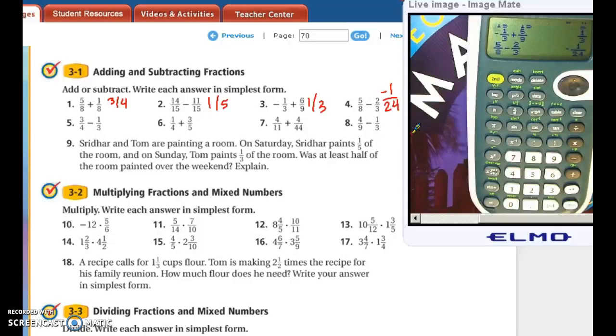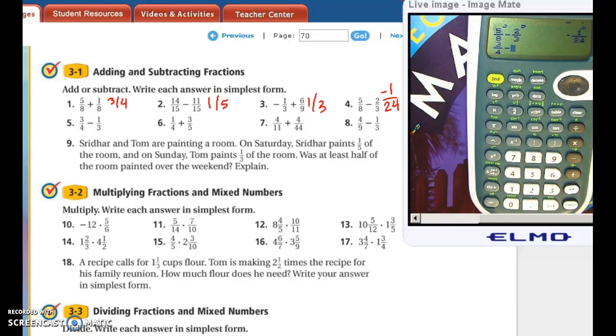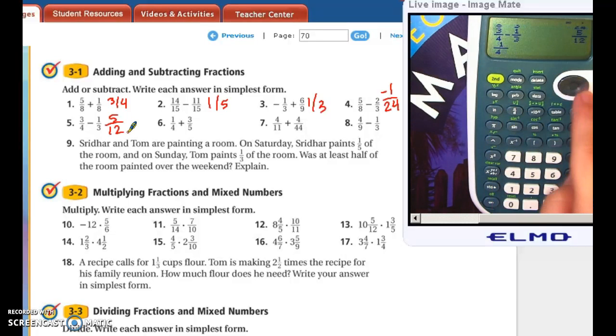For number 5, we have 3 over 4 minus 1 over 3, and that is 5 over 12. For number 6, we have 1 over 4 plus 3 over 5, and that is 17 over 20.